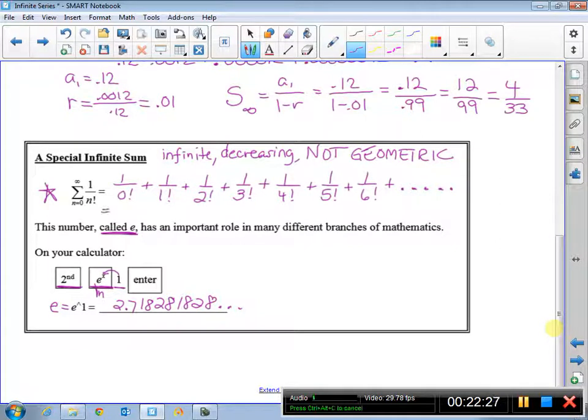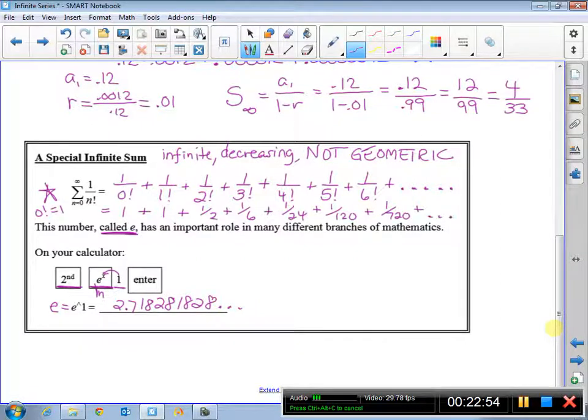And if we took all these and added them up, 1, and remember 0 factorial is 1. That would be 1 over 1 plus 1 over 1 plus a half plus 3 factorial is 6. 4 factorial is 24. 5 factorial is 120. 6 factorial is 720.